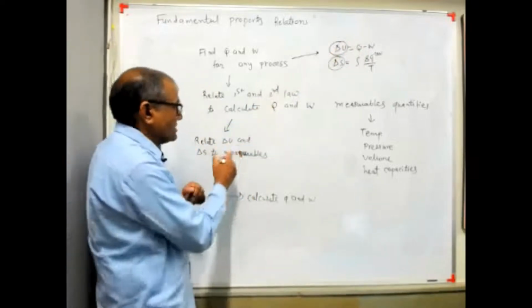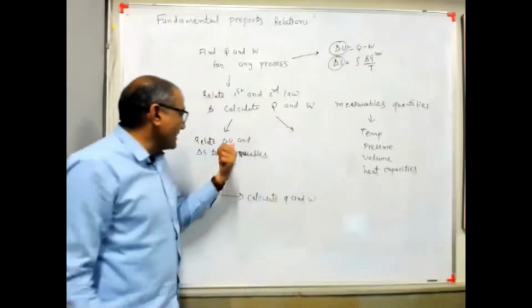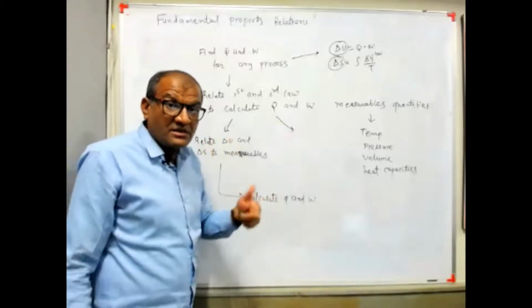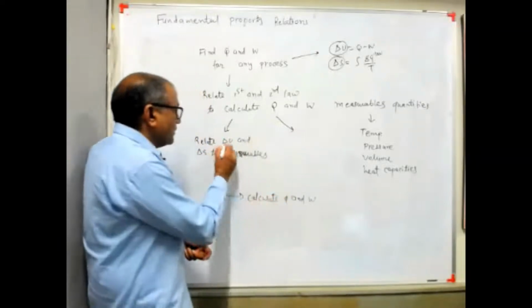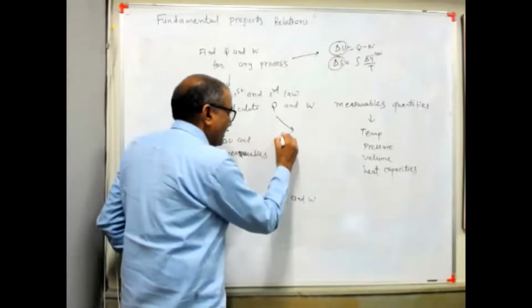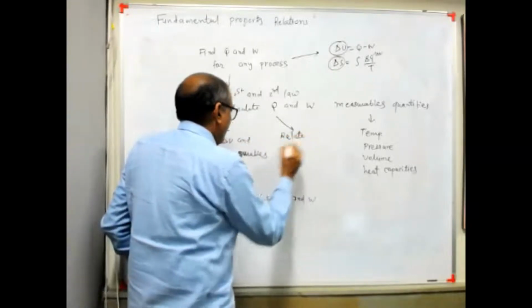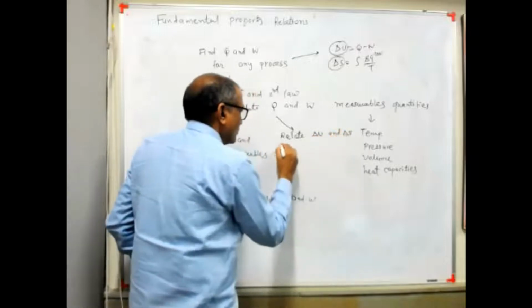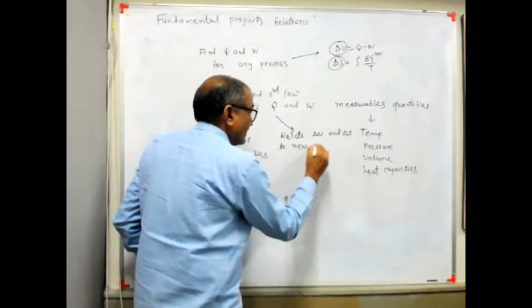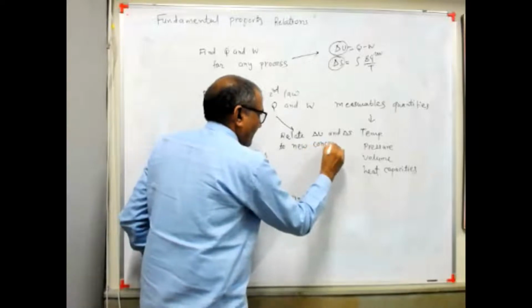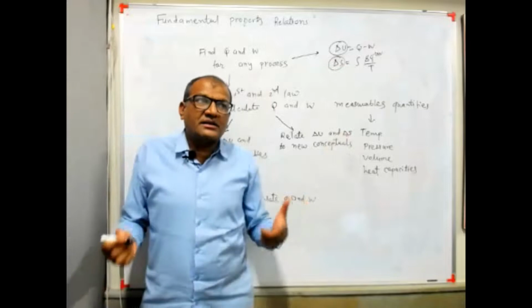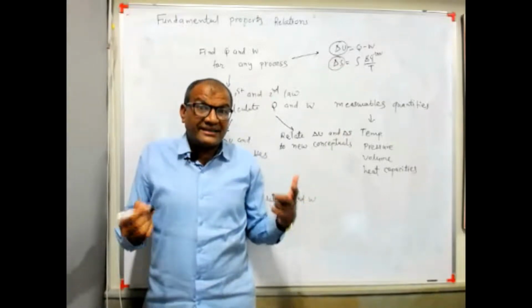Okay, but this is not possible because we can't relate delta U and delta S to measurables. The other option is you can relate delta U and delta S to new conceptuals, meaning new properties like Gibbs free energy, enthalpy.